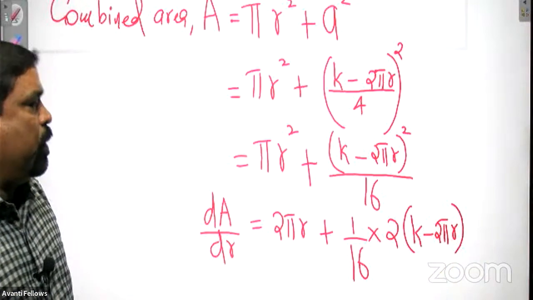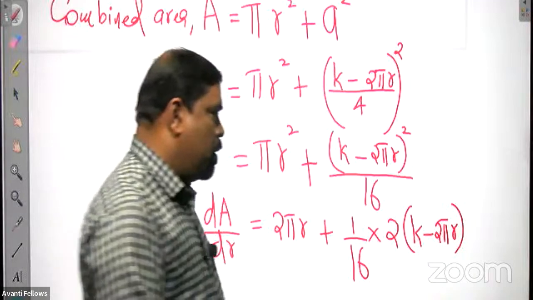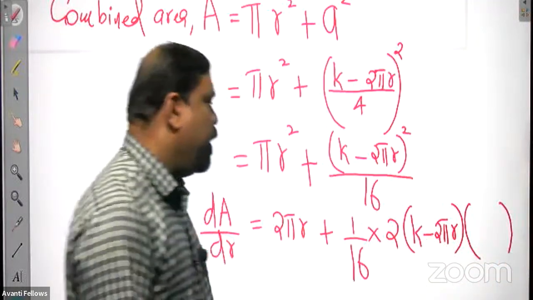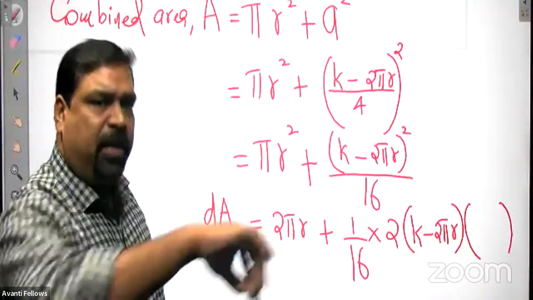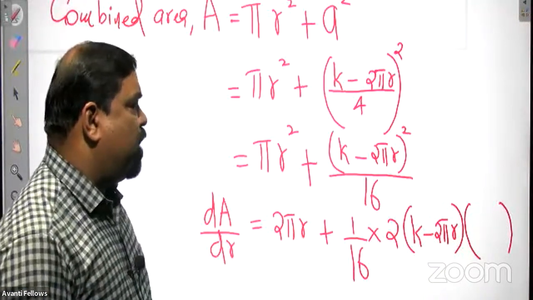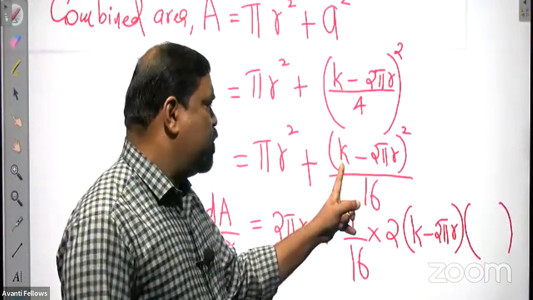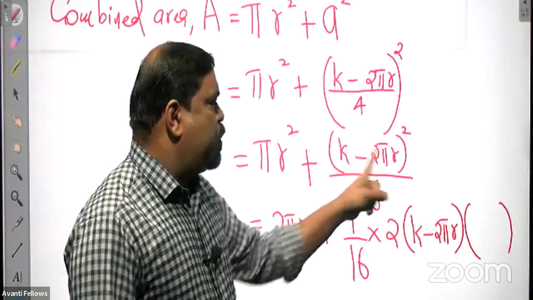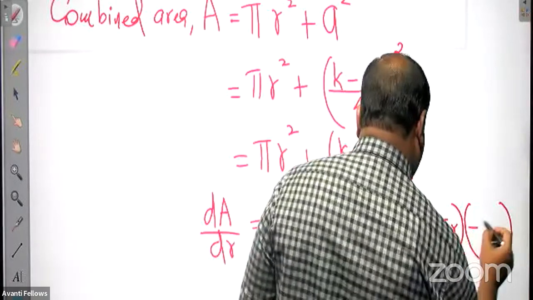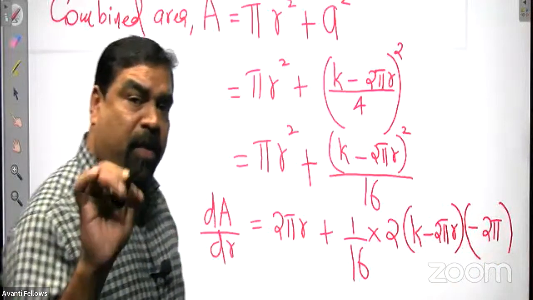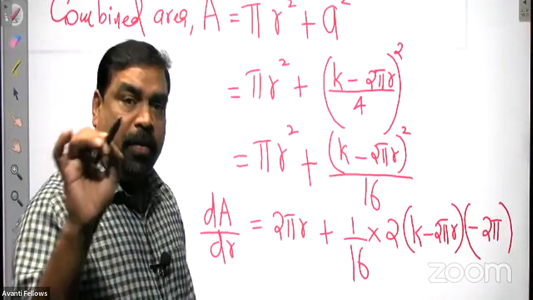2 into k minus 2 pi r, not completed, we have to multiply the derivative of the term inside the bracket. What is inside the bracket? k minus 2 pi r. But k is a constant, so 0. Derivative of minus 2 pi r means minus 2 pi. You should be very, very careful while differentiating.